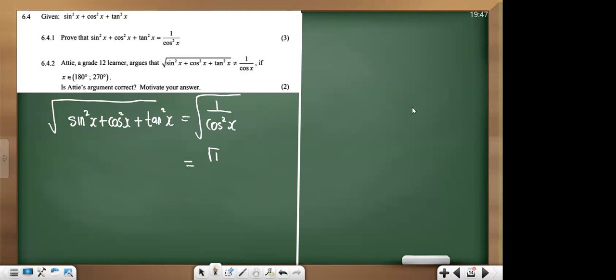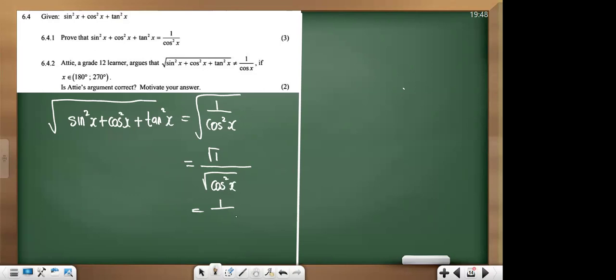All right, this is what I want to do. This question looks familiar. I don't know where I saw this before, but it's okay. Let's move. I have square root of 1 divided by square root of cos squared x, and that will be 1 over cos x.